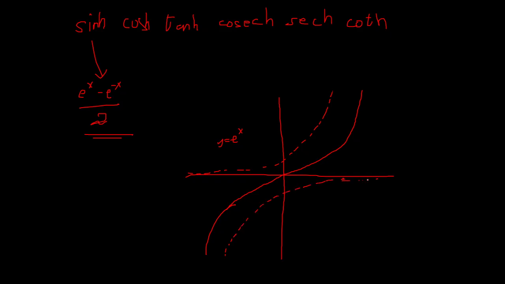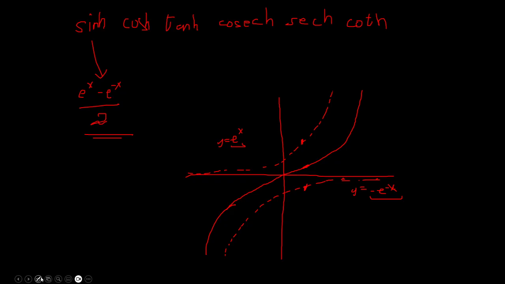Basically, we sum up e to the power of x with negative e to the power of negative x, and then divide by 2. In doing so, we've just found the average between each value. If we took a value over here, we found the midpoint of that value, you'll get a sinh point. That's how sinh works.